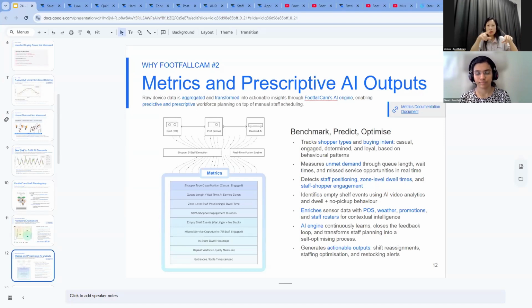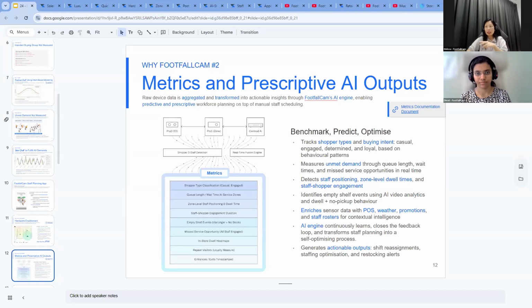Compare that to another one who is just in the door for a few seconds, lingering, and then walks straight out. That is footfall, but you don't want to plan staffing for that scenario. So this base layer is still movement: who walks where, when, and how long. But from that, we generate the real insights about their intent, their engagement, and what kind of service capacity is truly needed at each moment.